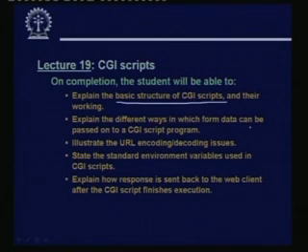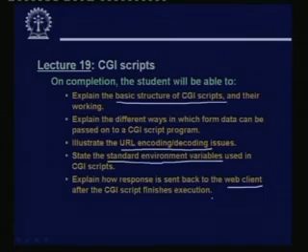What are the different ways in which form data can be passed to a CGI script? There are two methods, get and post. How the URLs are encoded and decoded when they are sent to the CGI script or the server, how the CGI script can access the standard environment variables when they want to, and how the CGI script sends back the responses to the web client after they have finished whatever they are trying to do, because ultimately the CGI script is trying to do some processing on the server side.